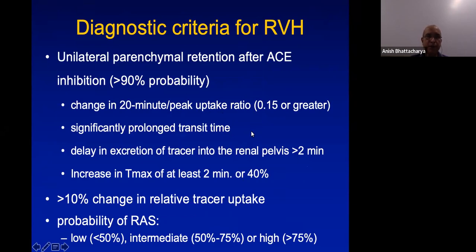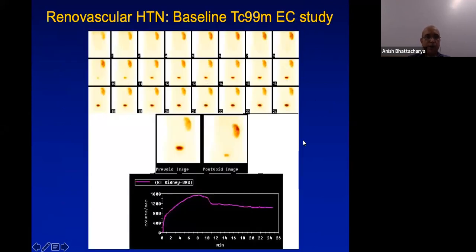So there may be a change in the 20-minute to peak uptake ratio. There's a significantly prolonged transit time, delay in excretion of tracer, and basically cortical retention, and the Tmax, the peak, shifts to the right. There is also a drop in function. A more than 10% drop in the relative renal function is definitely indicative of the RAS. So this is one example.